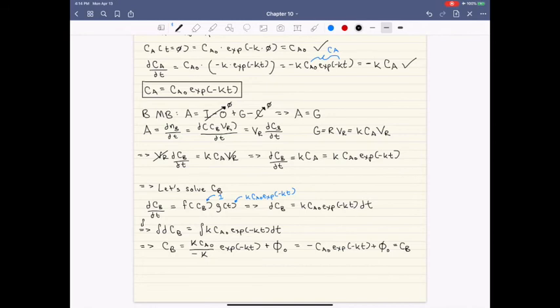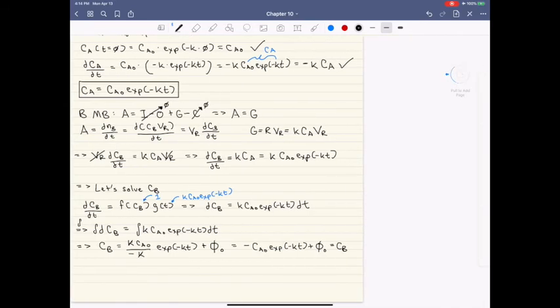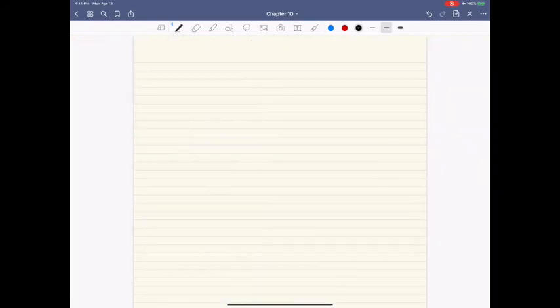To figure out what that constant is, once again, we're going to apply initial conditions. So I'm going to go to the next page here, and we're going to write out our initial conditions for species B. What we could say is that Cb is equal to 0 at time 0. So let's plug that initial condition into our equation.